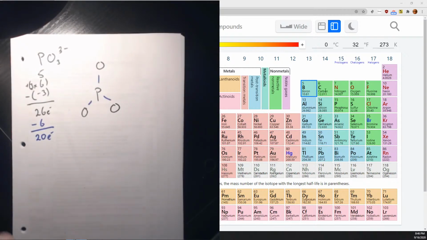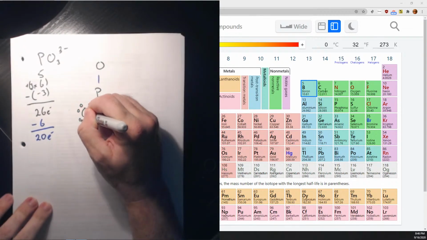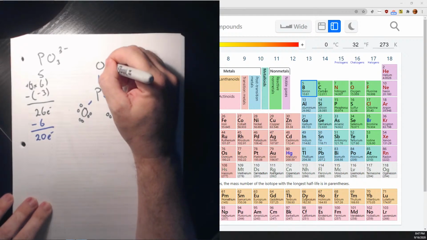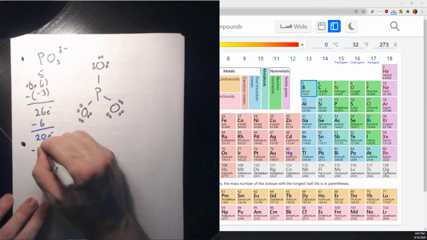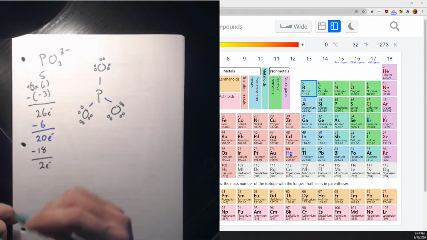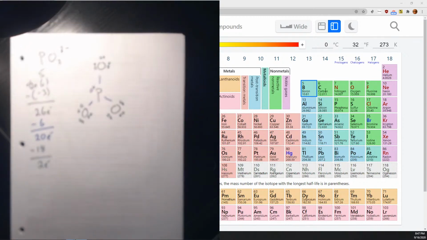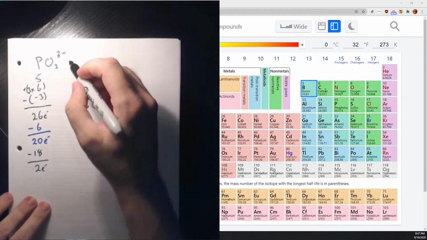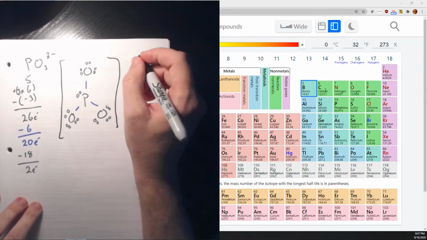Then we fill in the lone pair on each of our oxygens. 2, 4, 6, 8, 10, 12, 14, 16, 18, leaving us with 2 electrons, which means that phosphorus gets a lone pair. Okay, now that I'm looking at this, I realize that this structure isn't going to need to be fixed. But I do know one that will need to be fixed, so we'll get to that in a minute.